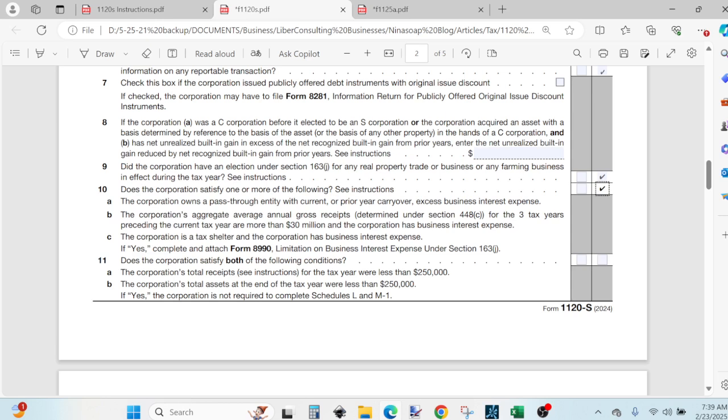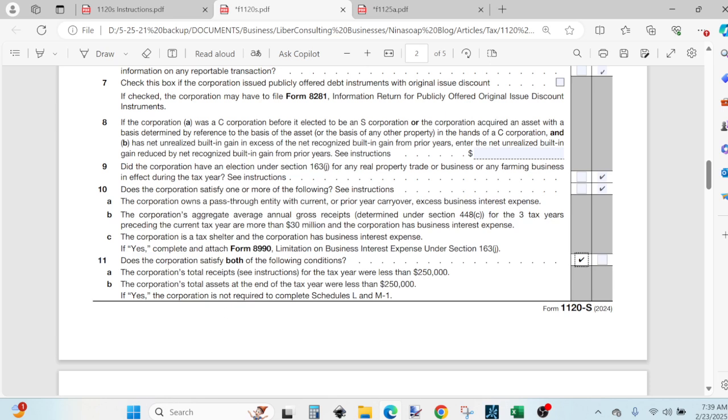Does the corporation satisfy both of the following? The corporation's total receipts for the tax year were less than $250,000. The corporation's total assets at the end of the year were less than $250,000. The answer is yes. It's very important.